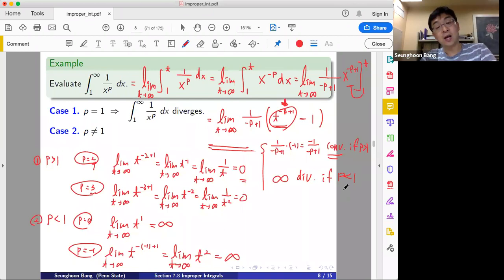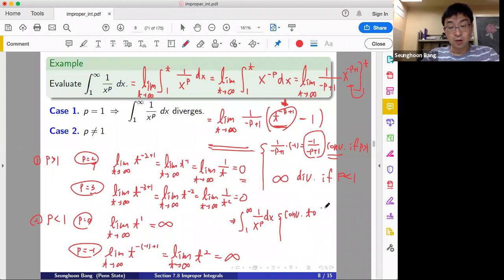So we can combine the whole result. What kind of result do we have? We have two kinds of results. The improper integral from 1 to infinity of 1 over x to the p dx converges to the number negative 1 over negative p plus 1 if p is greater than 1.